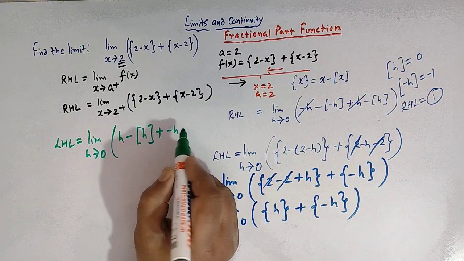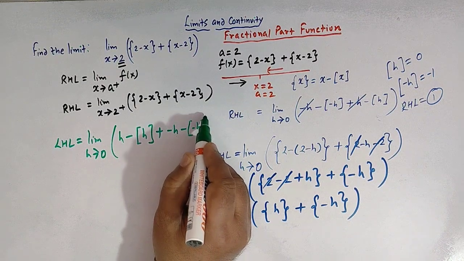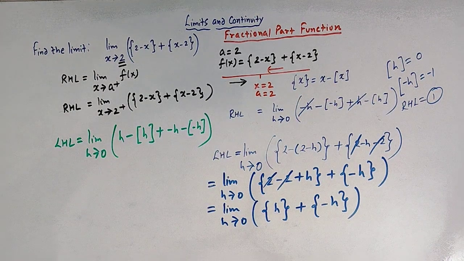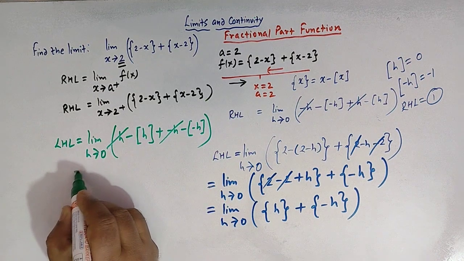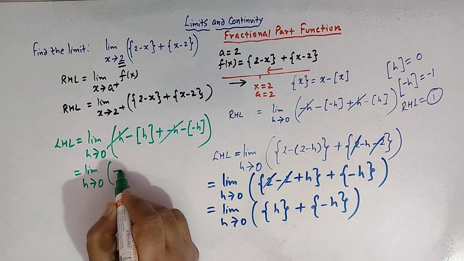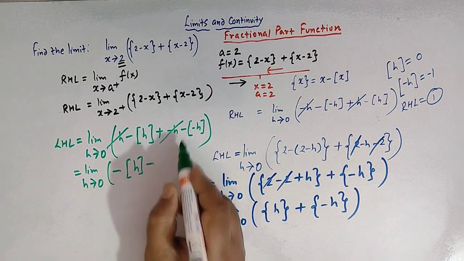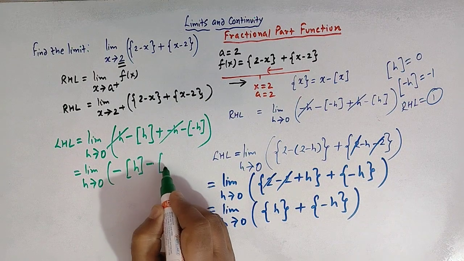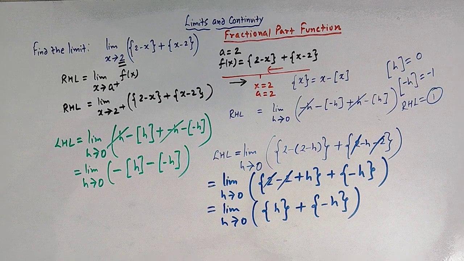So we can write minus h minus greatest integer of minus h, right? So now this h and this minus h get cancelled. So we are left with the limit h tends to 0 minus of greatest integer of h. And here we have minus greatest integer of minus h, right?